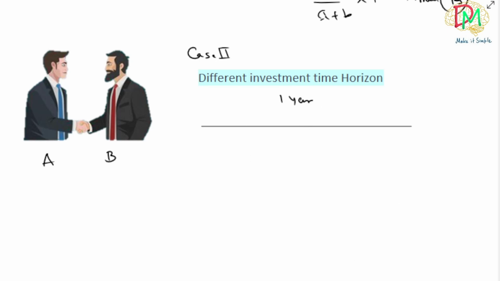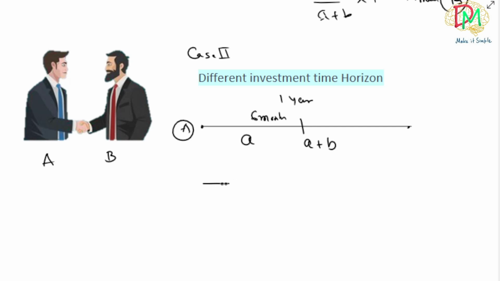After 6 months, let person A invest more money. For the first 6 months A invests amount A, and after 6 months adds more amount B. Clear?